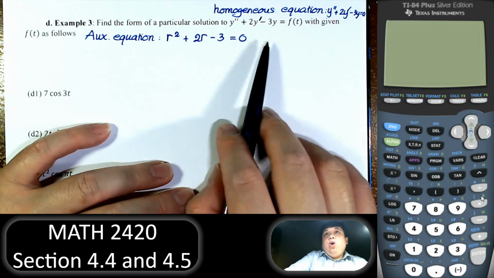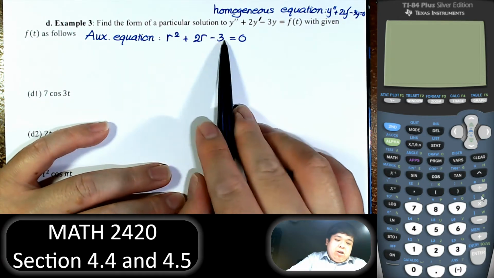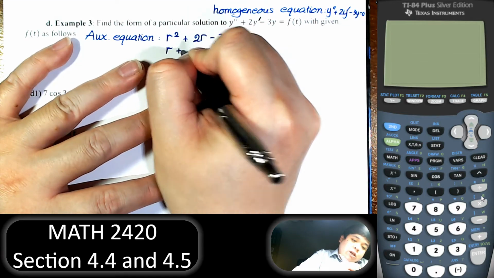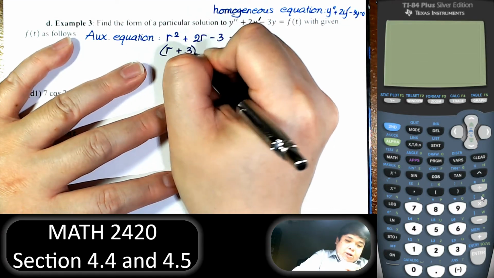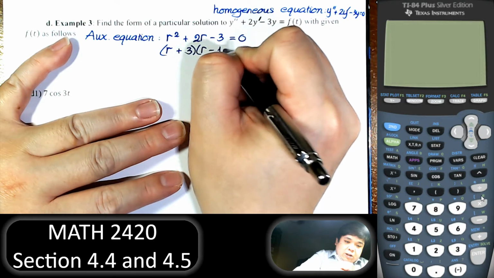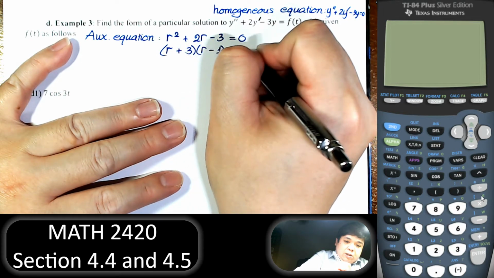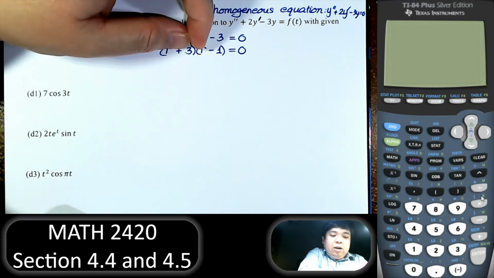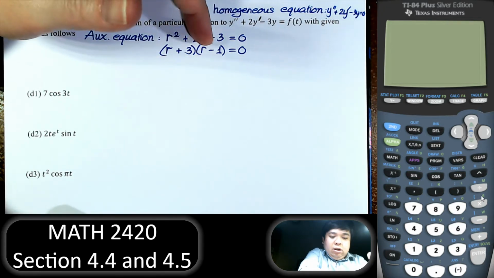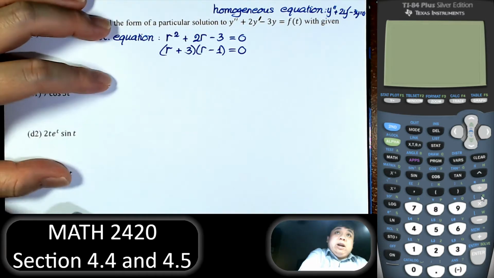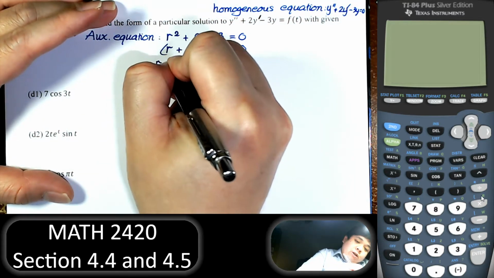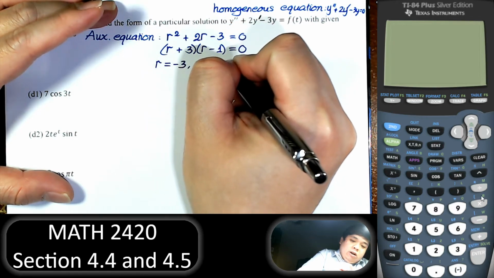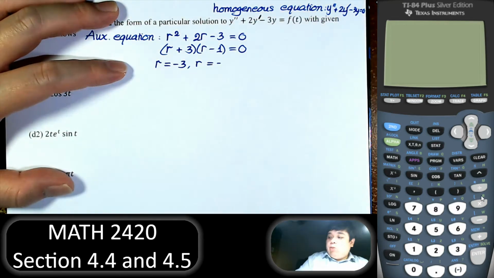And for that homogeneous equation, we have the auxiliary equation corresponding to that. Now factor, we have r plus 3 and r minus 1. Because when we multiply, r squared plus 3r, yeah, that's correct. So we have r equal to negative 3 and r equal to, I mean, positive 1.